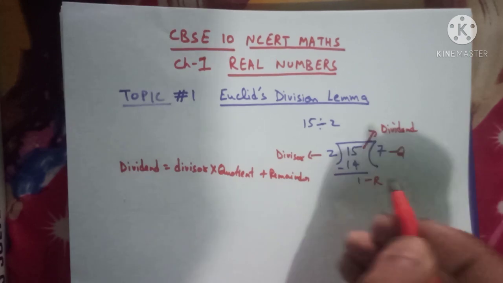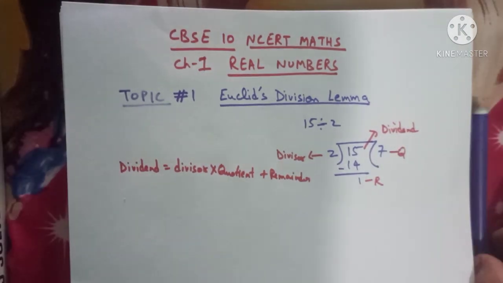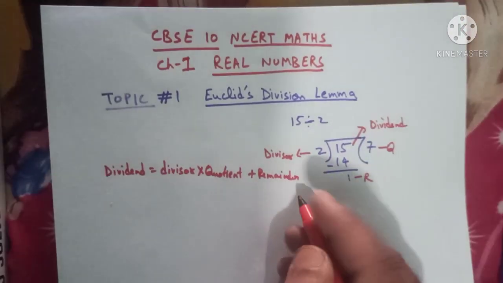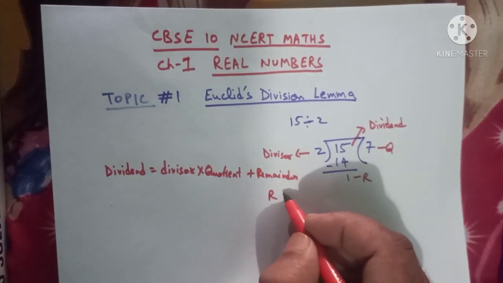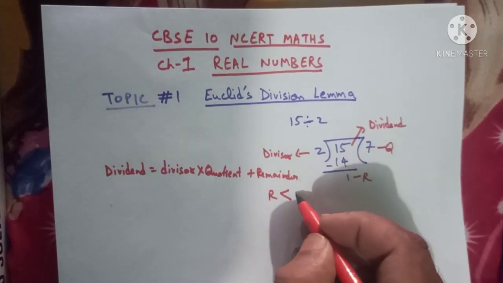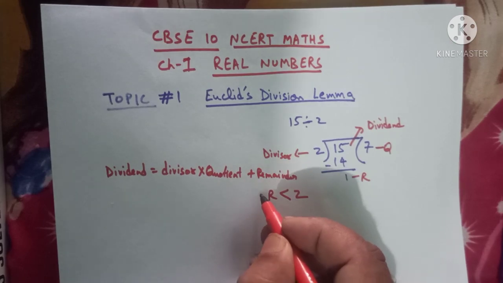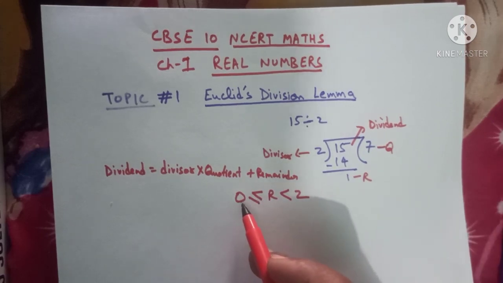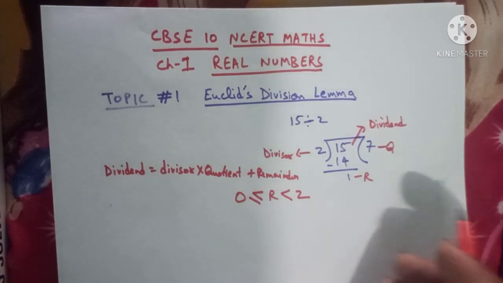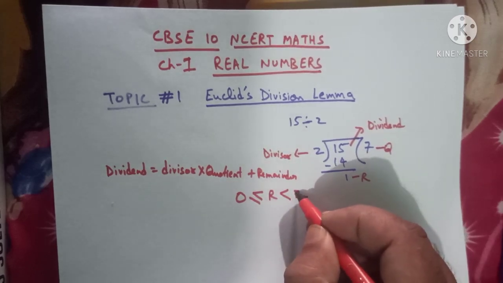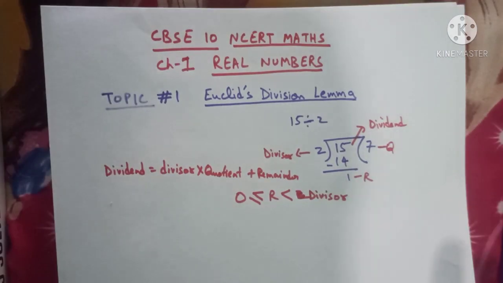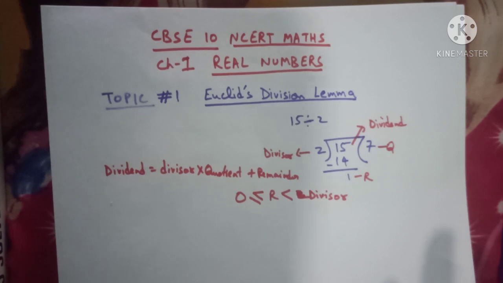And the value of the remainder must be less than the divisor, and it will be either equal to 0 or greater than 0. Remainder will be greater than or equal to 0 and less than the divisor. So this is the Euclid division lemma or Euclid's division theorem.